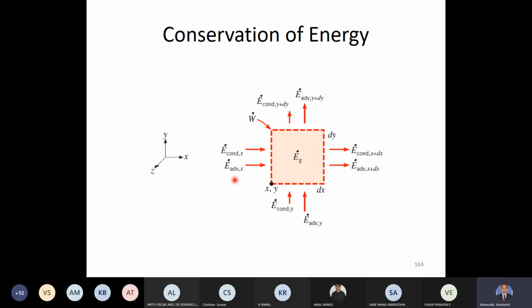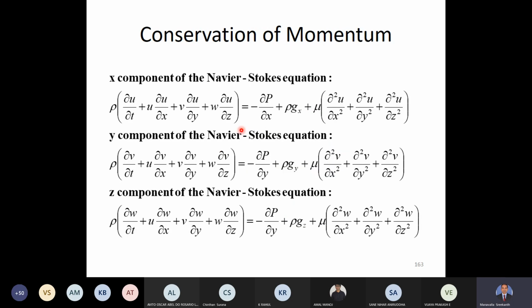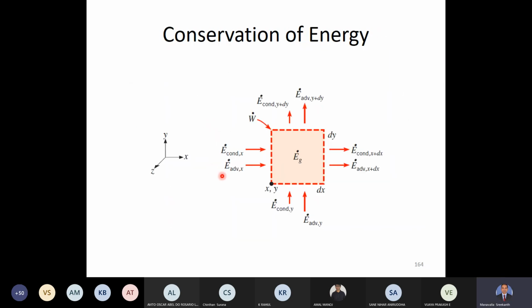Advection is another word for convection. You have learned about advection here. See, this term is responsible for this advection, flow of the fluid. So this energy is advected into this control volume. So energy conducted and energy convected in the x direction is balanced in this equation.